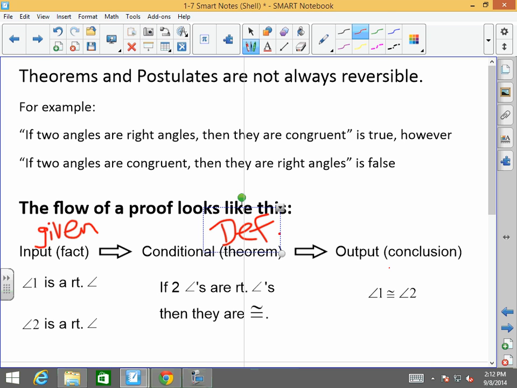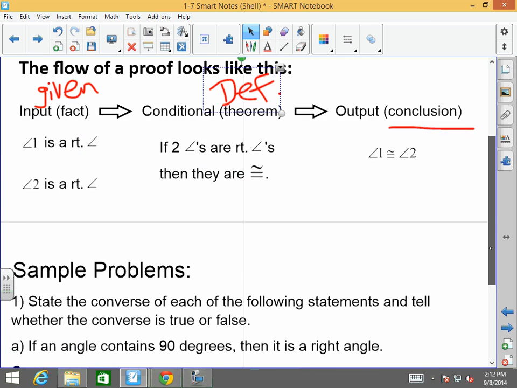That's your conclusion. So if I tell you the input, angle 1 and angle 2 are both right angles, then using the conditional, if two angles are right angles, then they're congruent, we've proven that angle 1 is congruent to angle 2. Hopefully that makes sense to you guys.